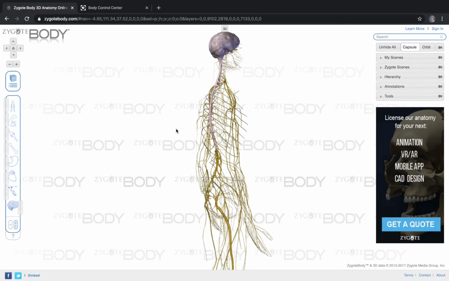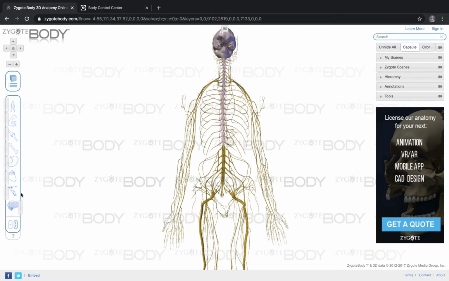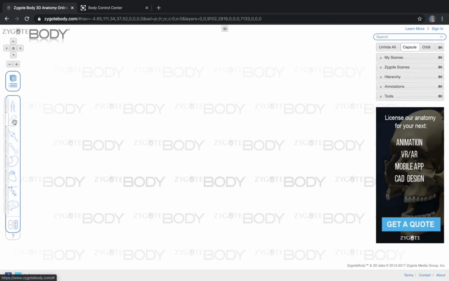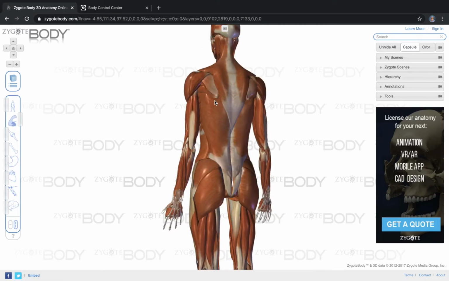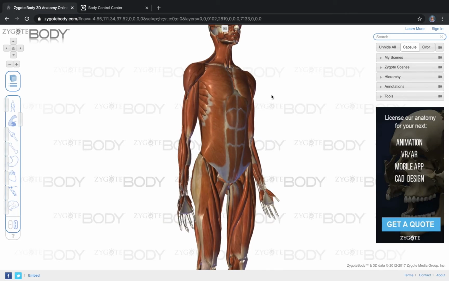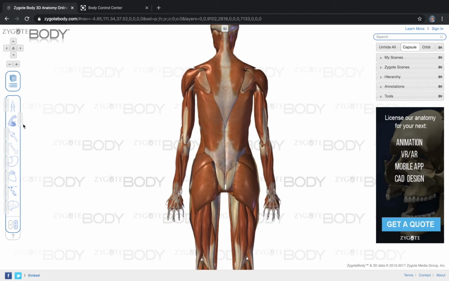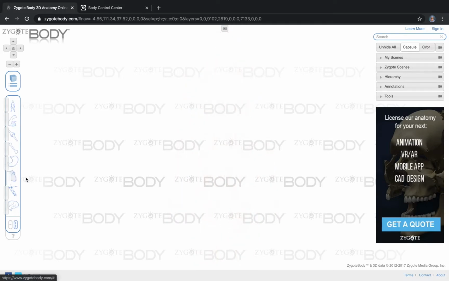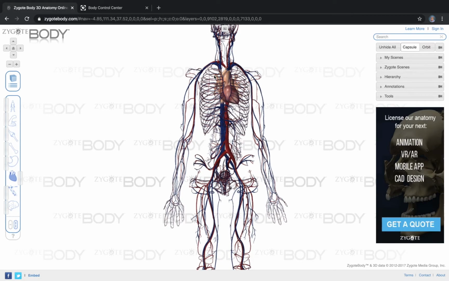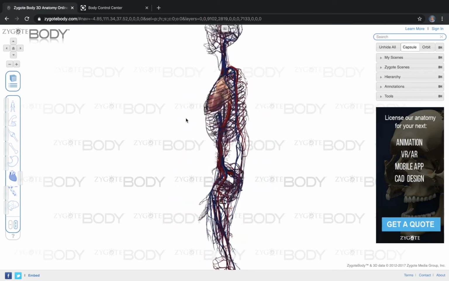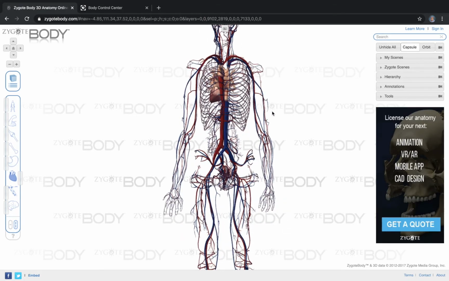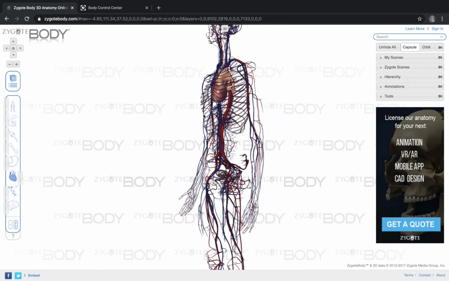So this would be your neuron type tissue. And then you even have skeletal tissue. And skeletal tissue is not only this kind of skeleton, but you would also have cardiac tissue and cardiac muscle. So your heart actually is made of muscle tissue as well, and that's really cool.